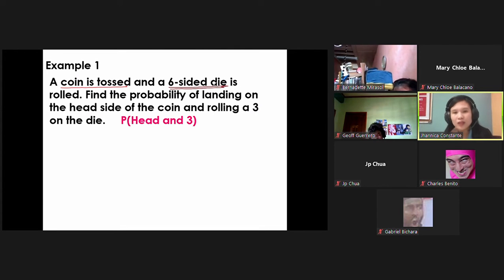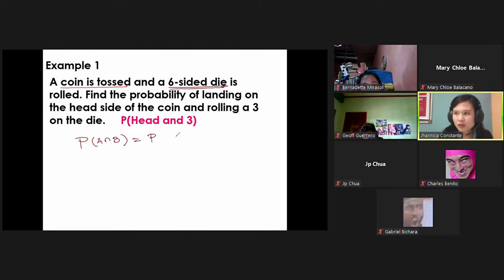Since it's two events, it's an independent event. So the formula we're going to use: the probability of event A and B is equal to the probability of your first event times the probability of our second event.